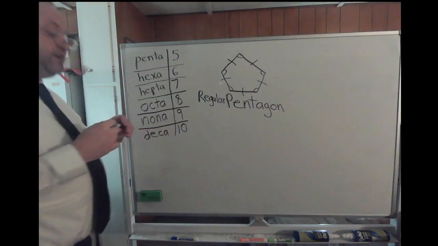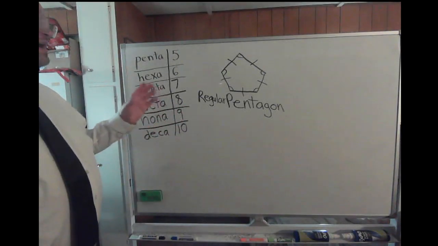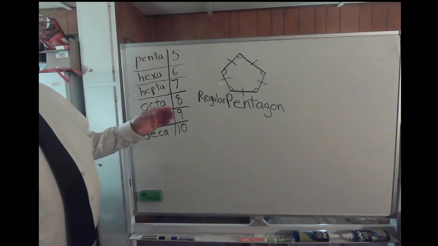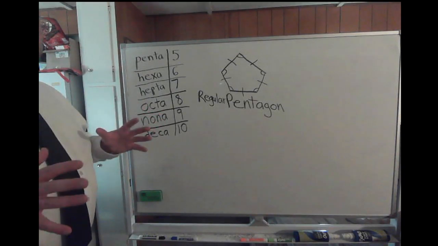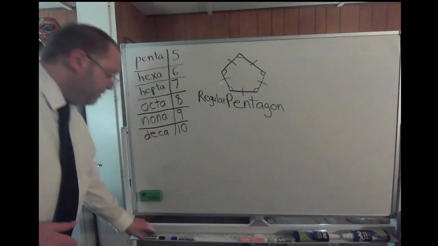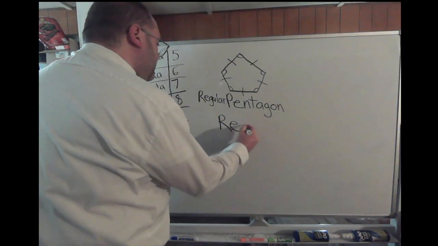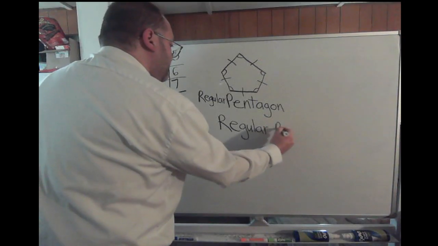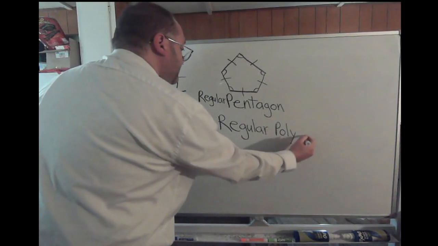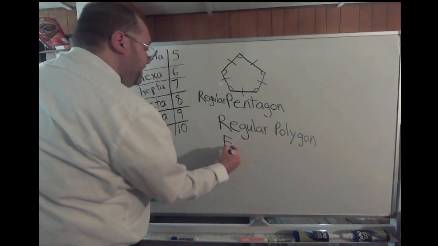If you have a regular polygon in general, this goes for whether it's a hexagon, a heptagon, a triangle, a quadrilateral. If it is a regular polygon, I'm going to write this here. Regular polygon. It is going to be equilateral.